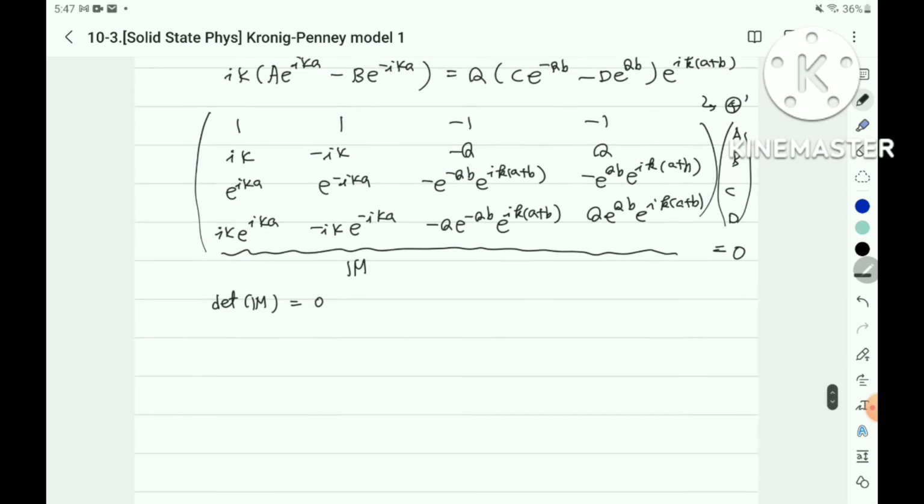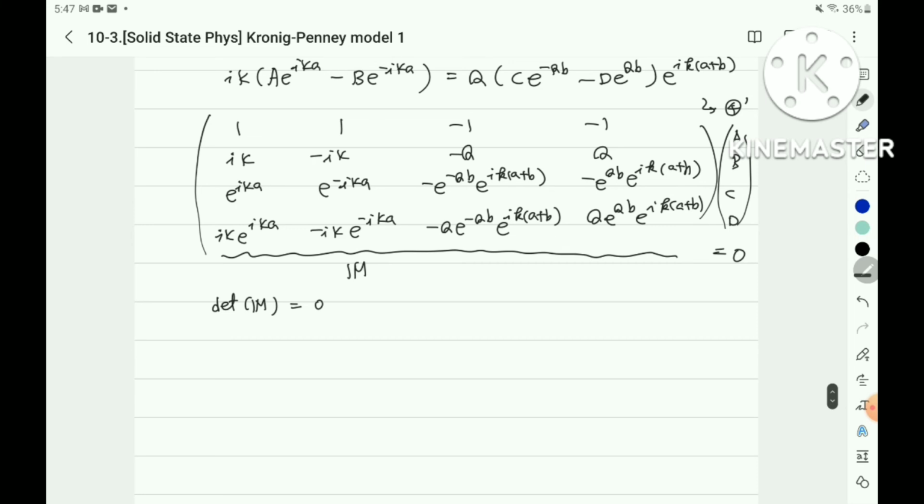The determinant of this matrix M is very complicated to calculate, so it is necessary to write the final result.